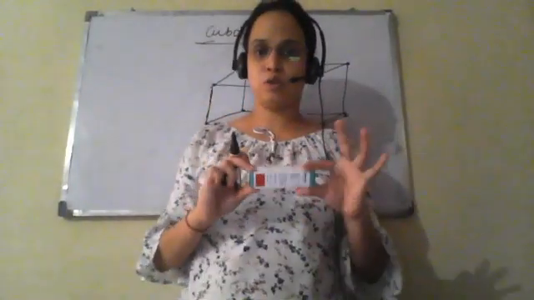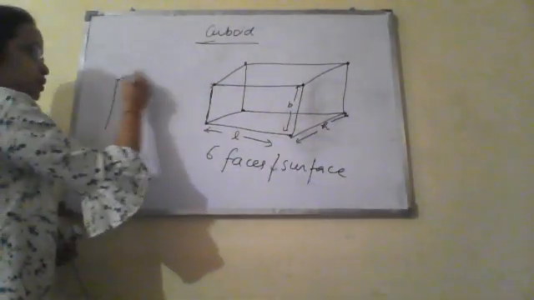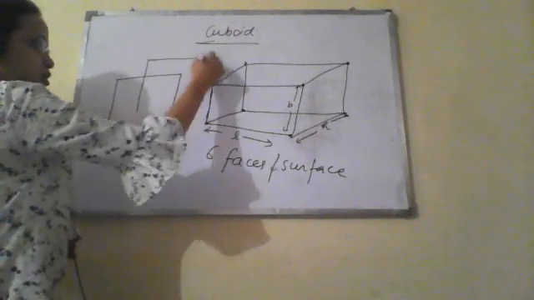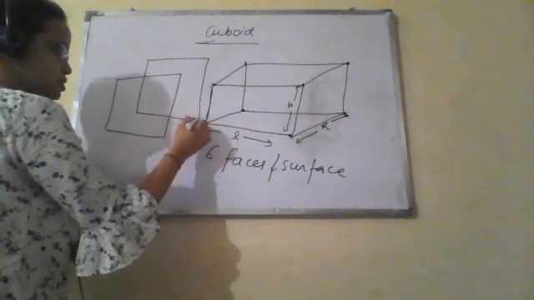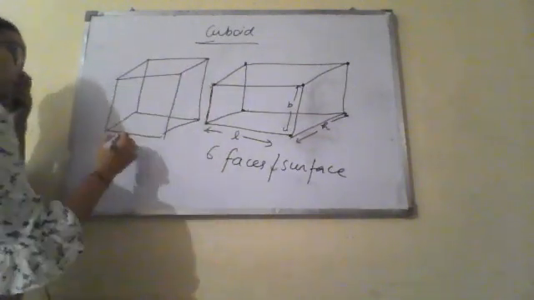So this was about the cube and cuboid. This is the cube. In this all the dimensions are equal.